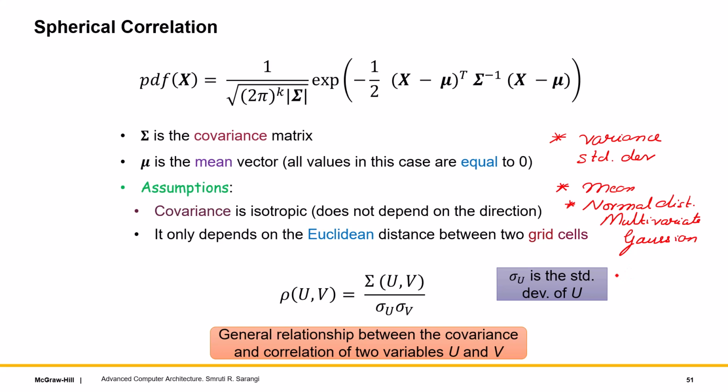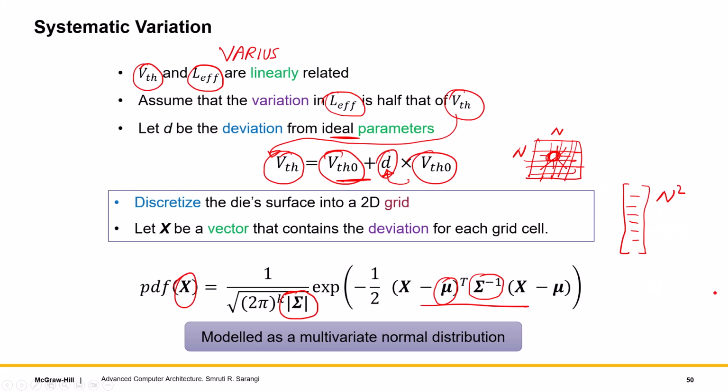Then, of course, we would like to understand the covariance and the correlation. So this much of basic statistics is required to understand it. In layman's terms, if I consider the threshold voltage at every point of a grid, so I've discretized the die surface into a grid, at every single cell there is a deviation.